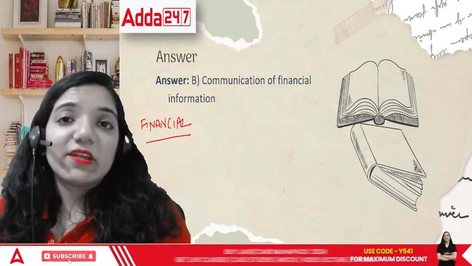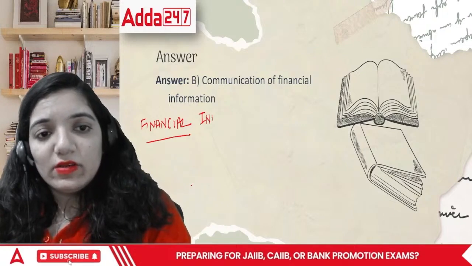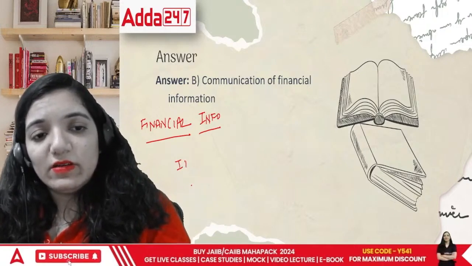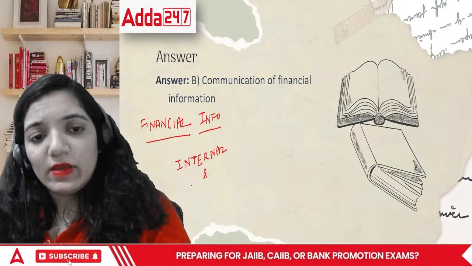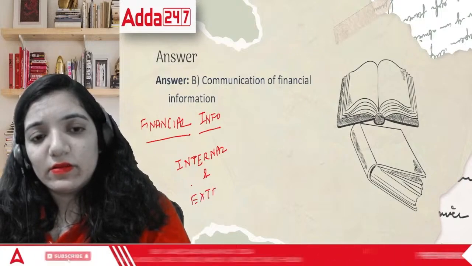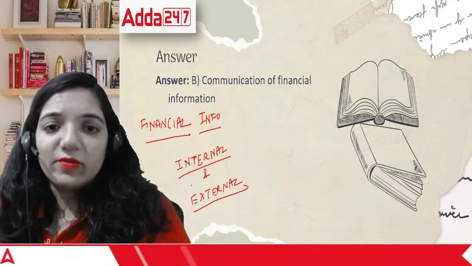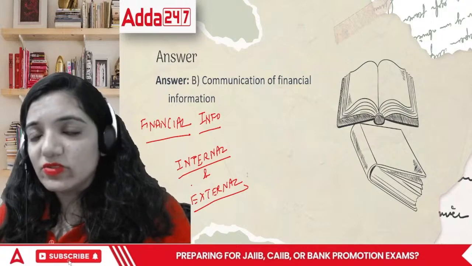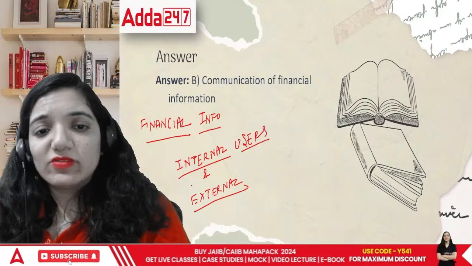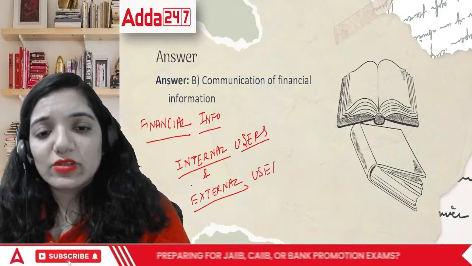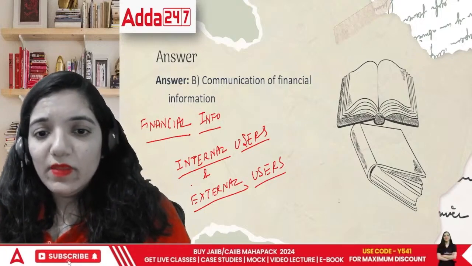Acha, who do we communicate to, everyone? Do you know? There are two kinds of users of financial information, internal and external. How do we specify the internal and external users? The internal users are the people who are sitting in the organization. The external users are the people who are not a part of this organization, but they are always interested in knowing what is exactly happening in this business.